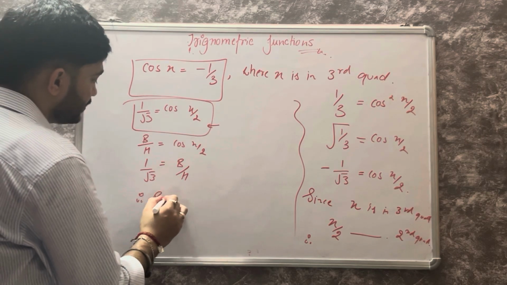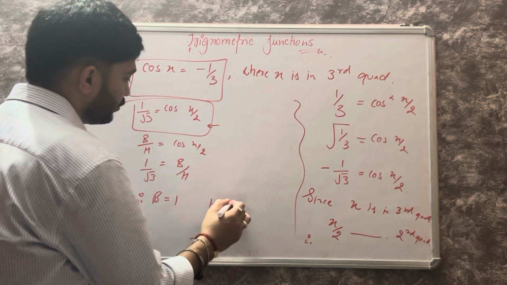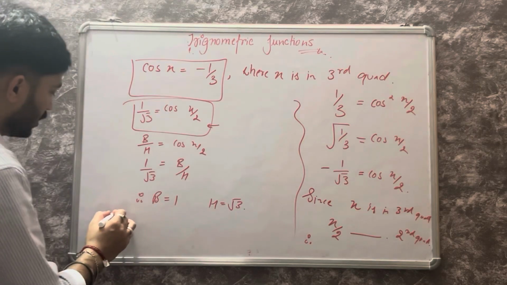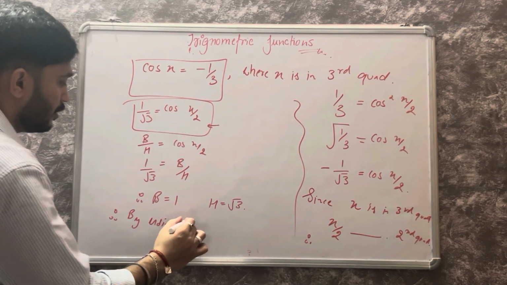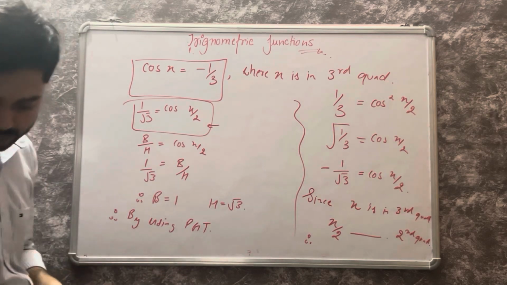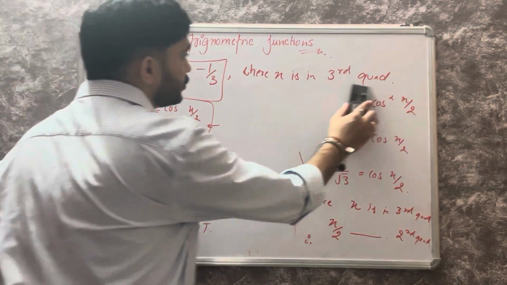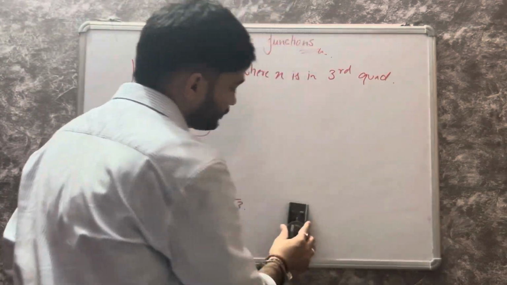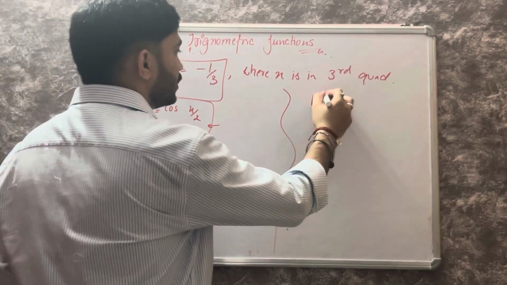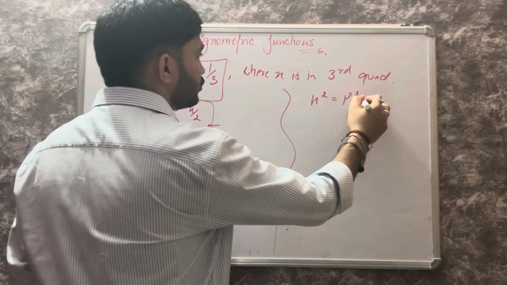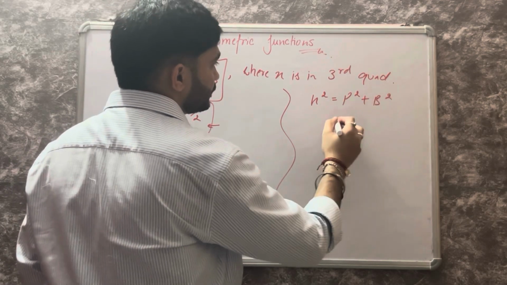Base is 1 and hypotenuse is under root 3. Therefore, by using Pythagoras theorem, that is, h square is equal to p square plus b square.